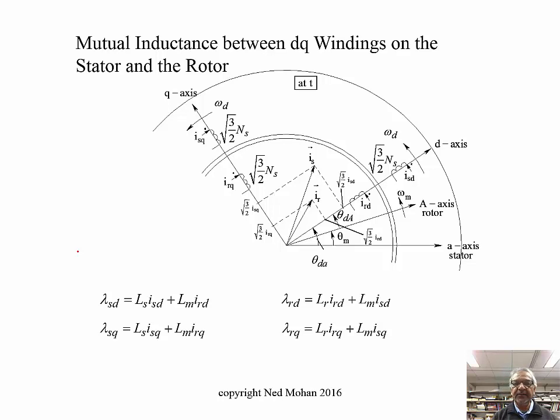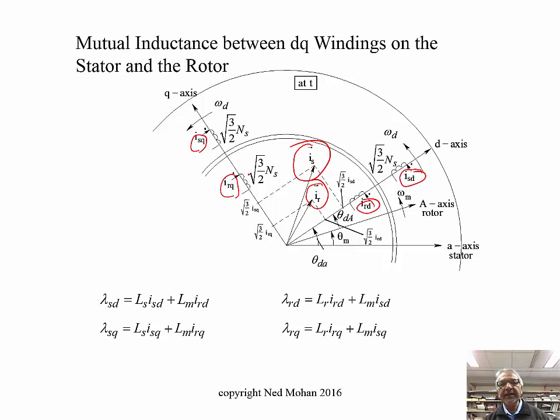So let's take IS here, and we can calculate ISD and ISQ as before, and similarly, for a given IR, we can calculate IRD and IRQ as we have done before, right?